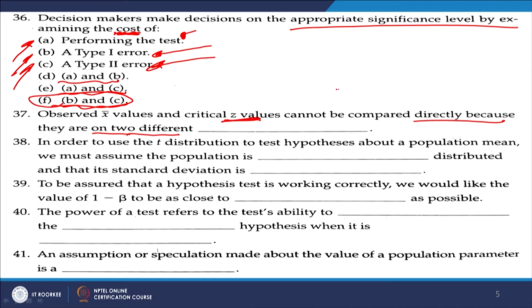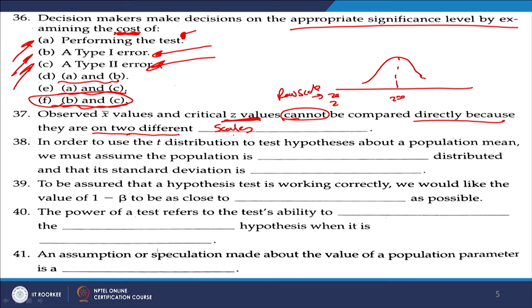So, in fact, you have got two types of scales. One is the X scale, known as the raw scale, and the other one is the Z scale, right. For the Z scale, mean is 0 and standard deviation is 1, is it not? That is what we have seen. So, they cannot be compared because they are on two different what? Scales.